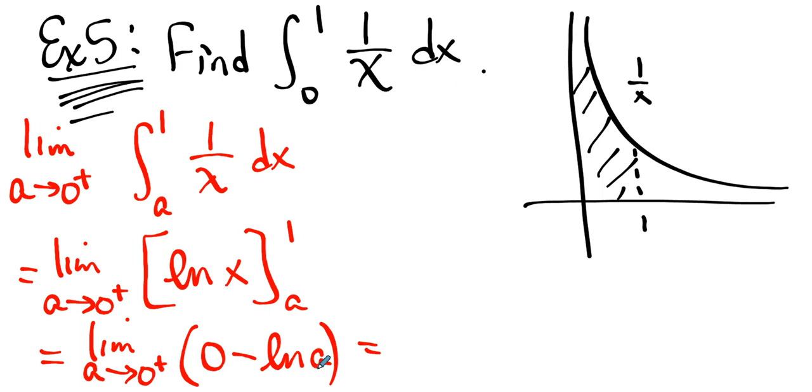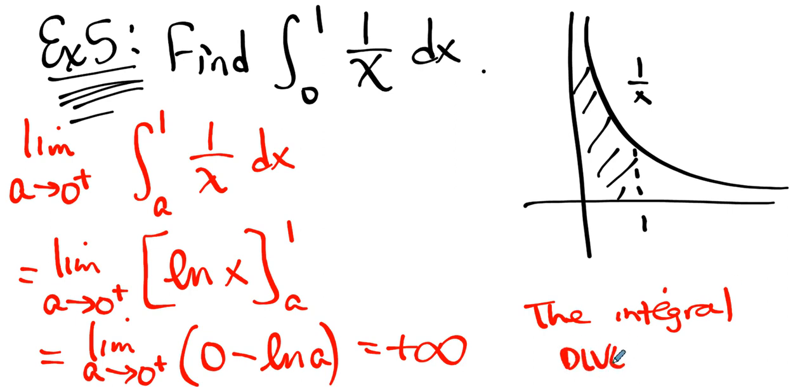Well, the natural log function as A gets closer and closer to 0 from the right goes toward negative infinity. So this area gets infinitely large. This integral diverges because it does not approach a number as A approaches 0 from the right.